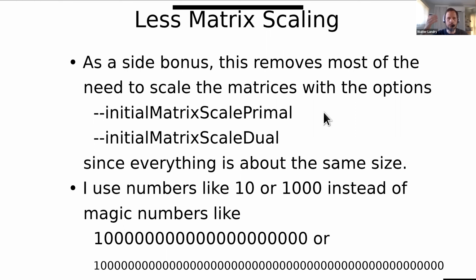This is one of the things I talked about a bit. But since you are saying that in the usual SDPB we had this matrix scale. Yeah, that might help. It won't help the precision, but it will help. But there's no free lunch.